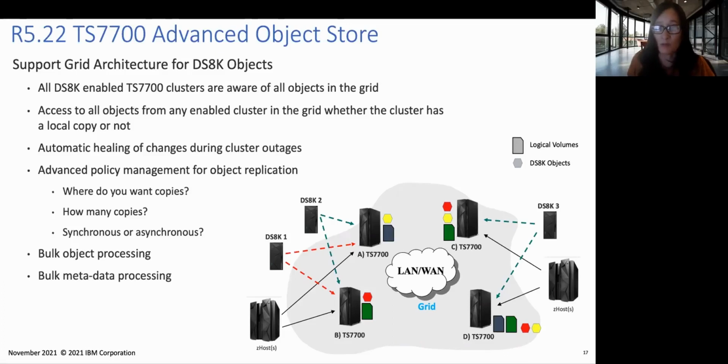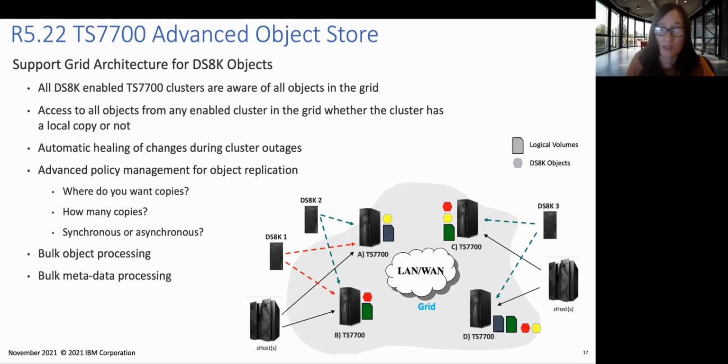Before, other than in a cache capacity, the 7700 was oblivious to the individual objects it was holding. With this new release, every 7700 that has this new feature code on it will be aware of each one of those objects. This is key to the way we structure our grid support, and it mimics how we handle logical tape volume data as well.